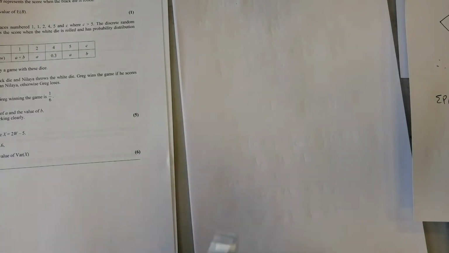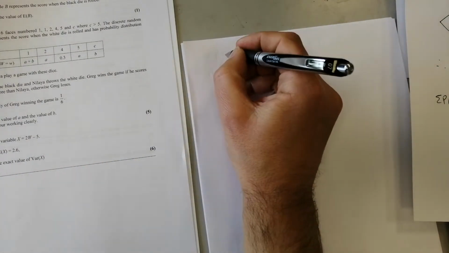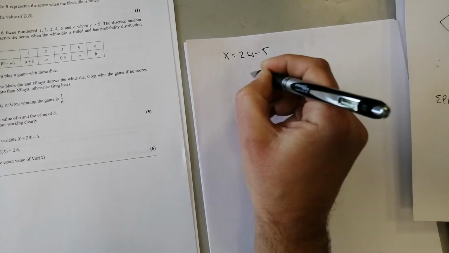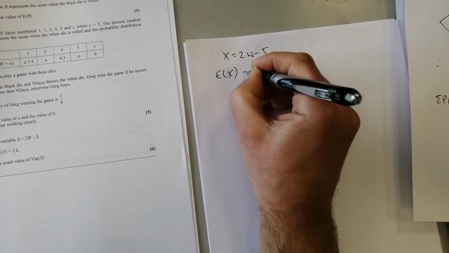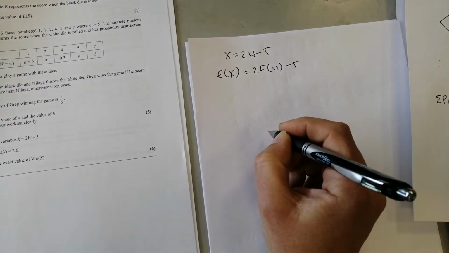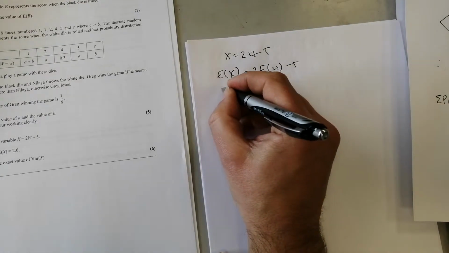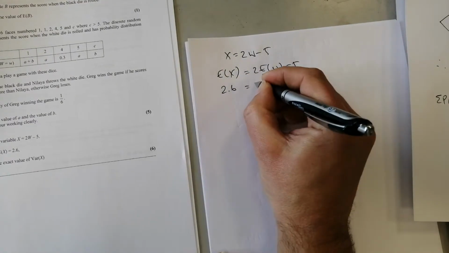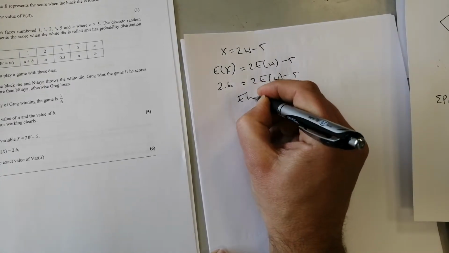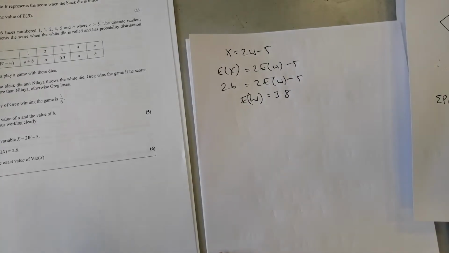Certainly we've got E(x) and we've got a formula for x. So x is equal to 2w minus 5, so E(x) is equal to 2 lots of E(w) minus 5. Since we know that E(x) is 2.6, we can work out that E(w) is equal to 3.8.